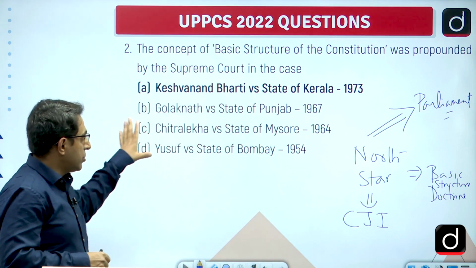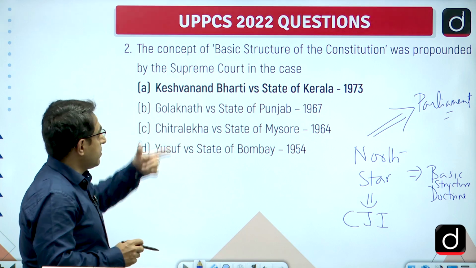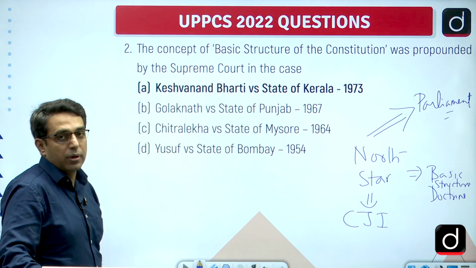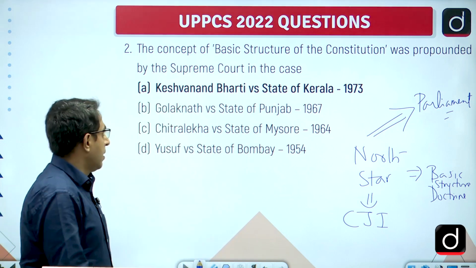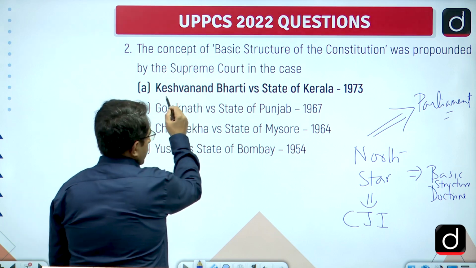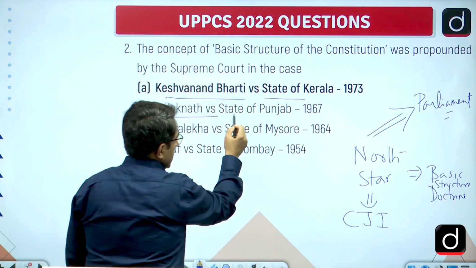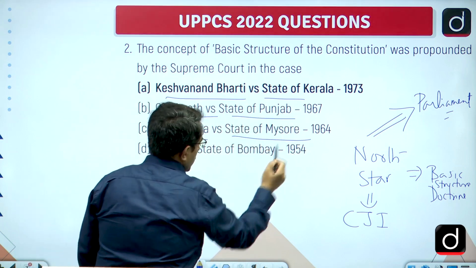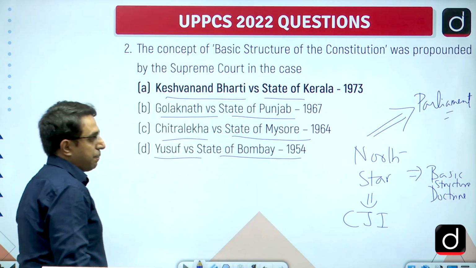Now, if we come back to this question, it asks us: the concept of basic structure of the constitution was propounded by the Supreme Court in the case, and then 4 cases have been given. The first one is Keshwanand Bharati versus State of Kerala 1973, then Golaknath versus State of Punjab 1967, Chitralekha versus State of Mysore 1964, Yusuf versus State of Bombay 1954, right.